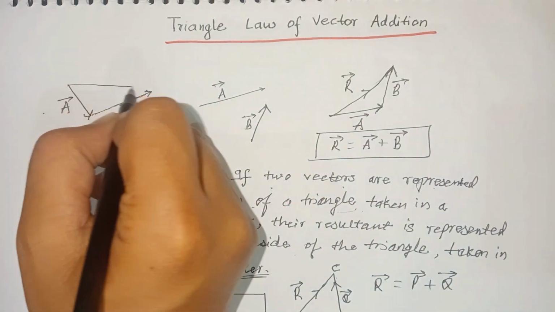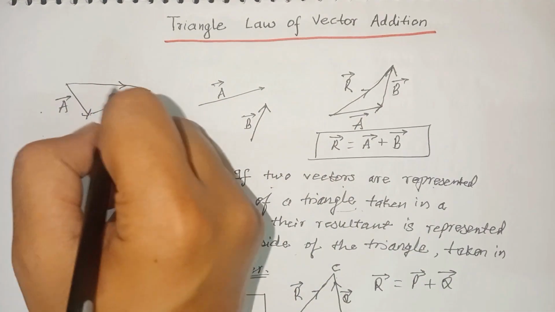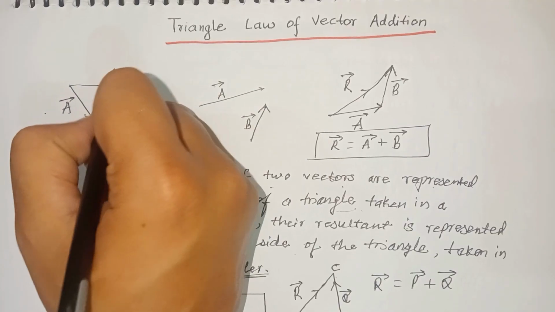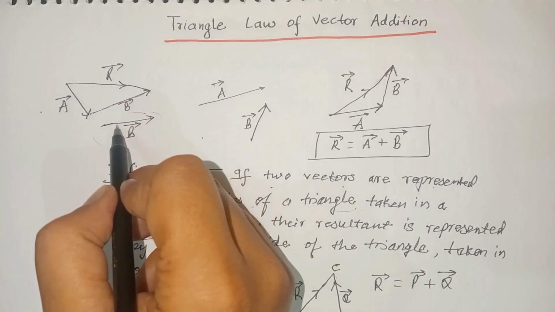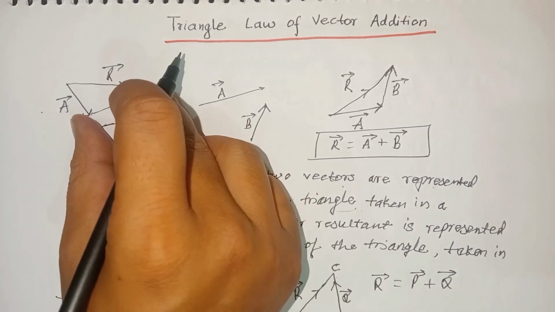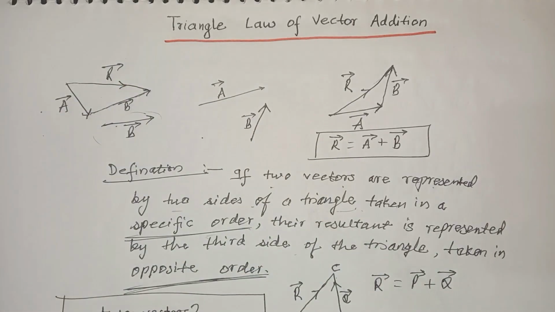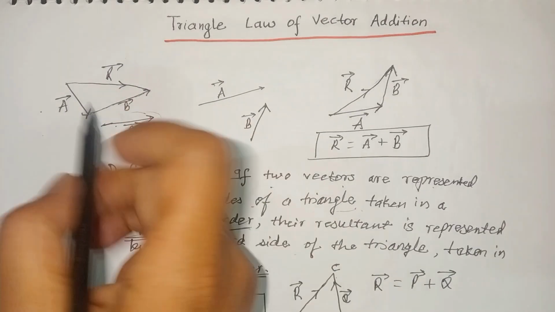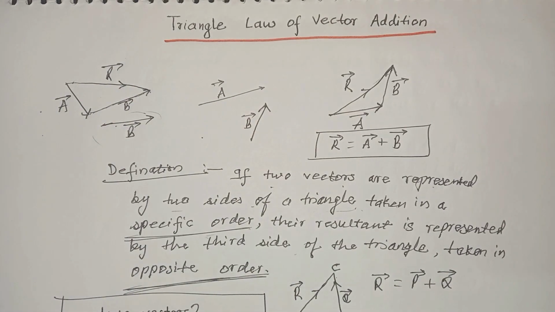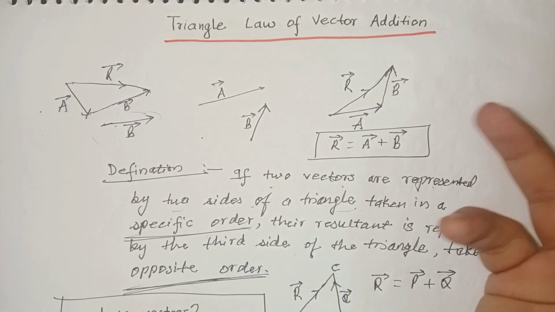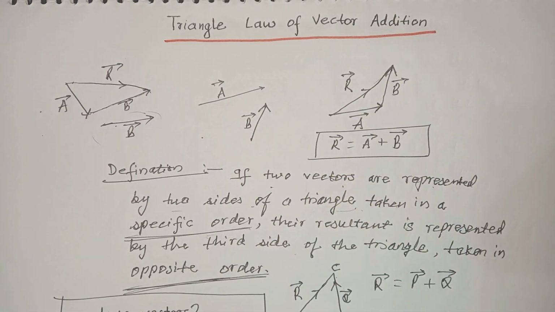So the vector in the opposite manner will be the resultant. Simply, we have to lift this vector and put it on the head of the other vector, and form a triangle. After formation of the triangle, the resultant vector will be the third side.